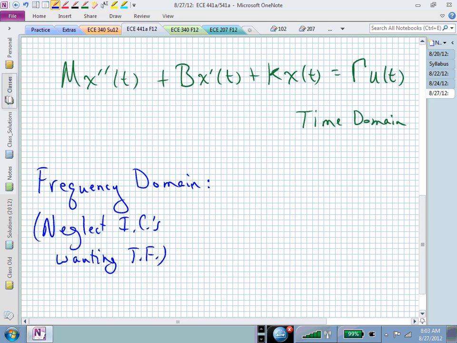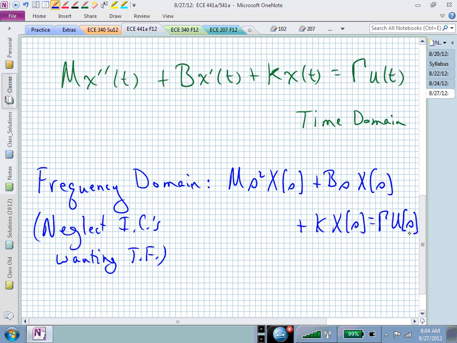If we now Laplace transform this, we end up with m s squared X of s plus b s X of s plus k X of s equaling gamma U of s.